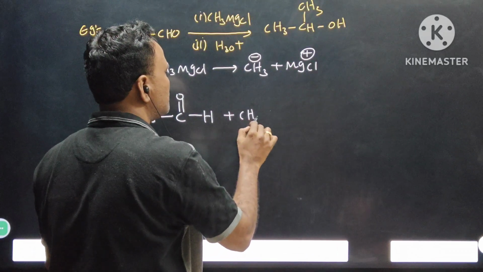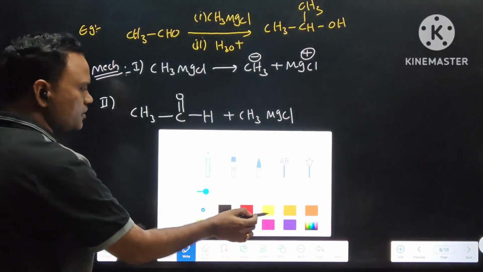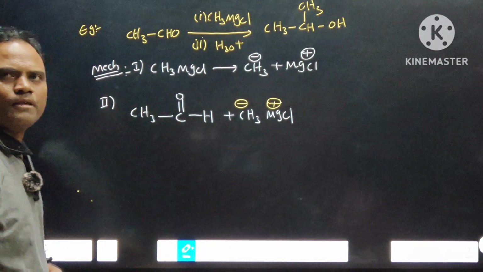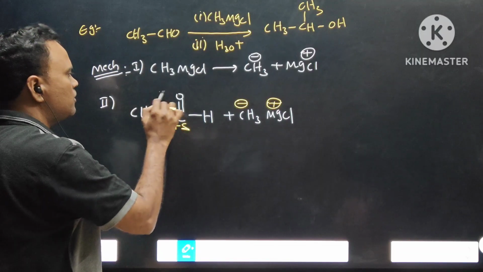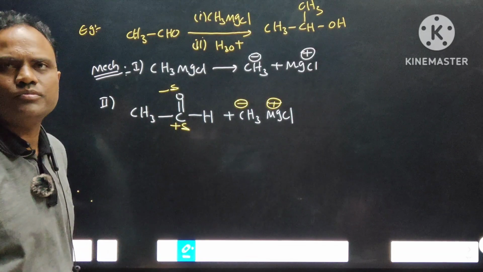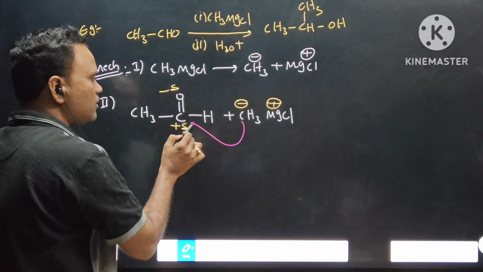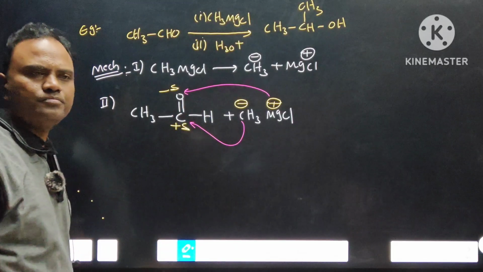Next, CH3MgCl, which is positive, which is negative. R minus, MgCl plus. The carbonyl carbon is having partial positive, oxygen is having negative. So opposite charges will add together.